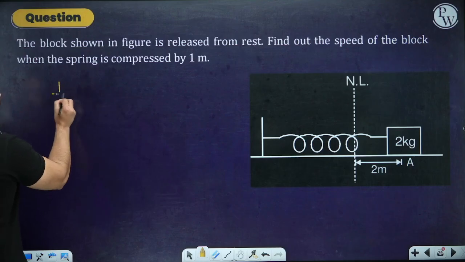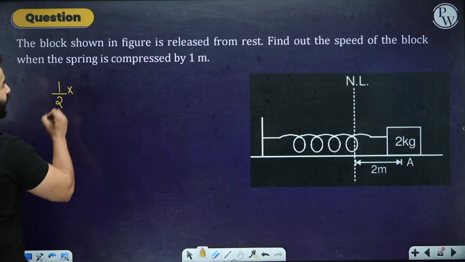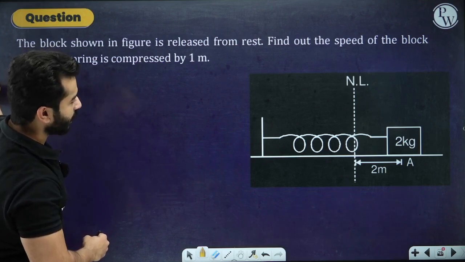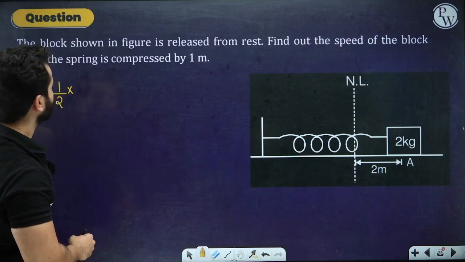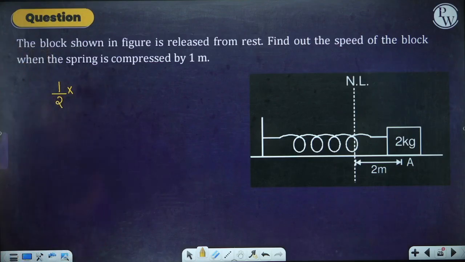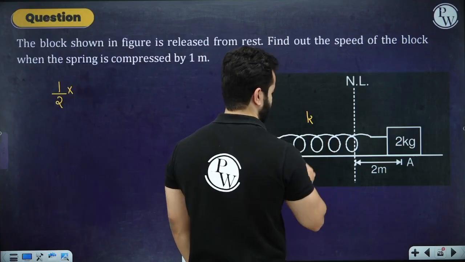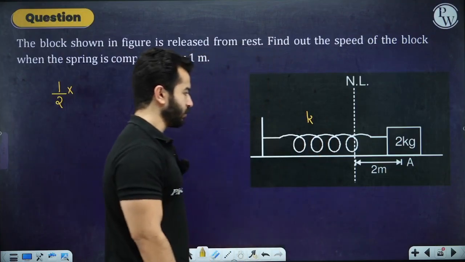So the total potential energy is half k. By the way, my friends, have they not put what k is? I don't think so. K is missing. So if k is missing, let's just assume that the spring constant is k only. This is what we have assumed.